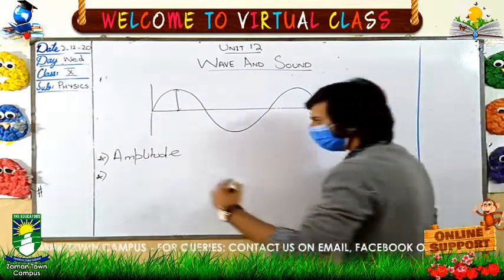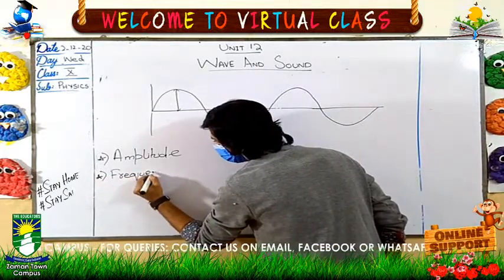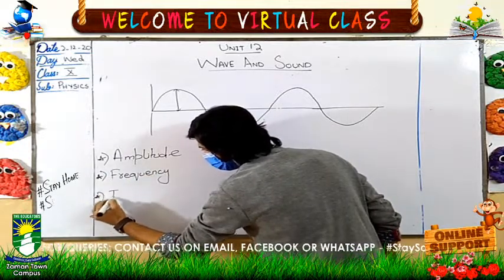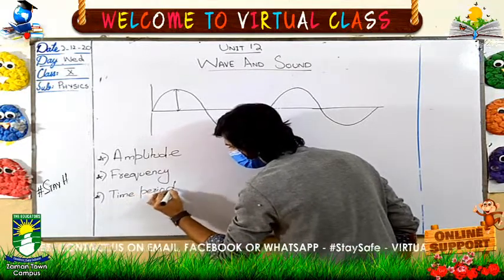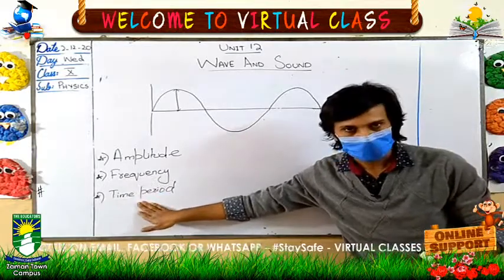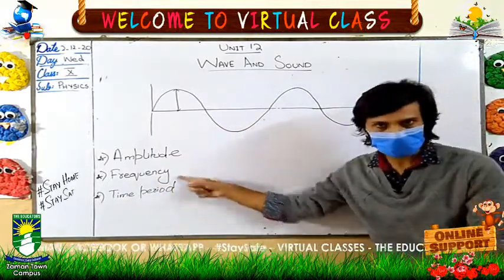So two terms are there: frequency and time period. These two terms are related to each other, but there is a difference between them.